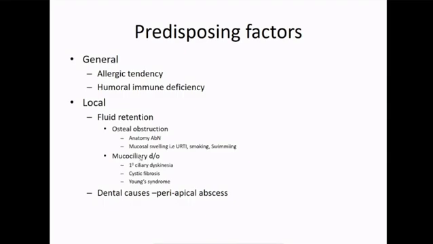Okay, so the other thing is cystic fibrosis. Cystic fibrosis also causes fluid retention, but it is not due to ciliary weakness or ciliary disorder. In cystic fibrosis, it is due to thickened secretion.